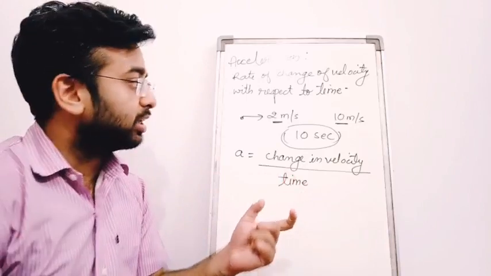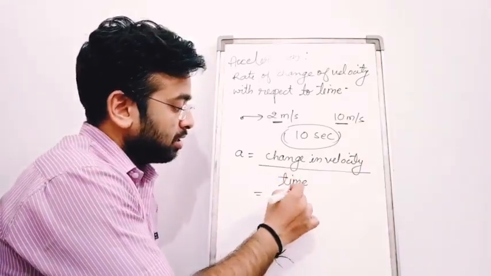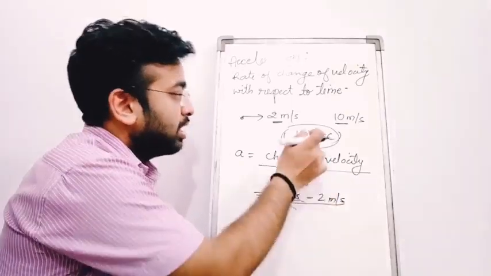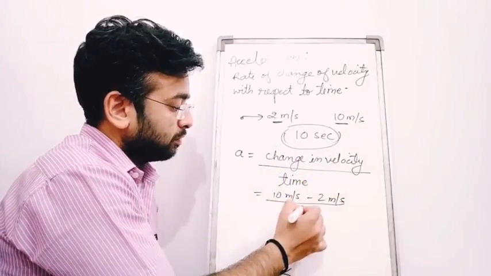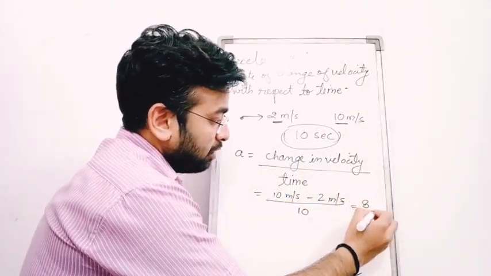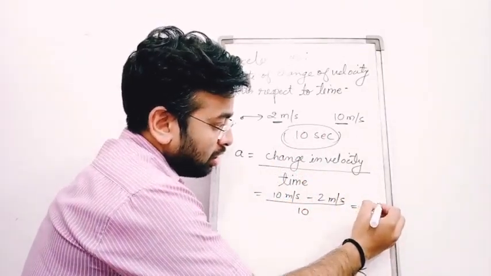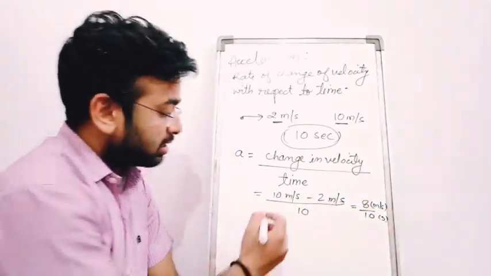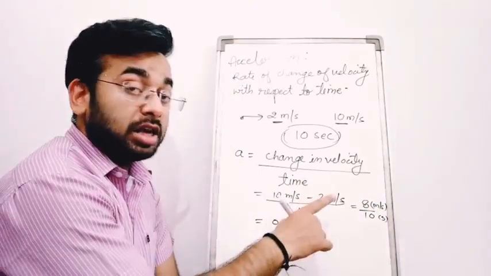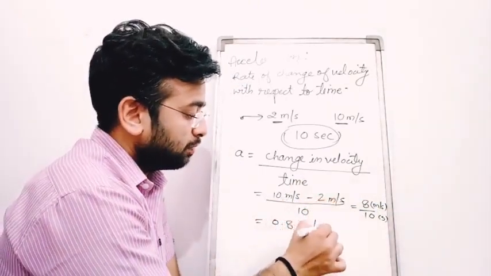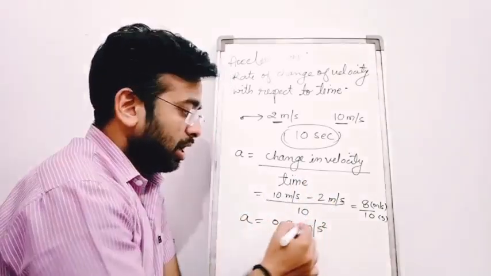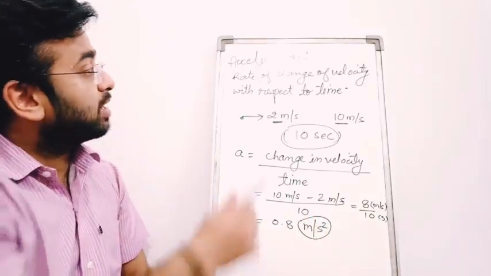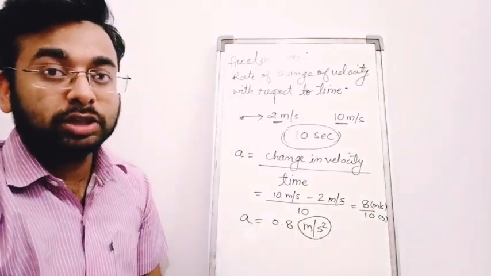So we obtain 10 meters per second minus 2 meters per second over time 10 seconds. So we can write 8 by 10, unit meters per second for velocity and seconds for time. The obtained answer is 0.8 and the unit will be meters per second square. This is the unit for acceleration, right? And acceleration, by definition, is rate of change of velocity with respect to time.